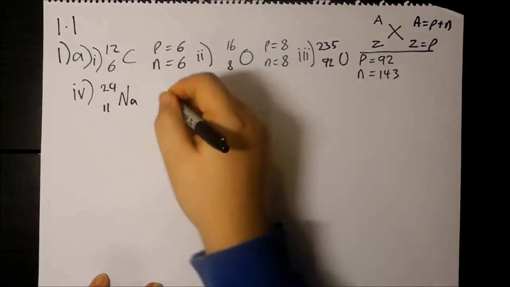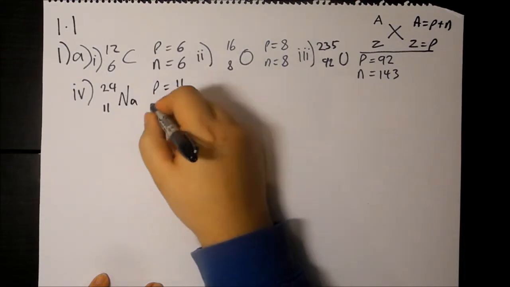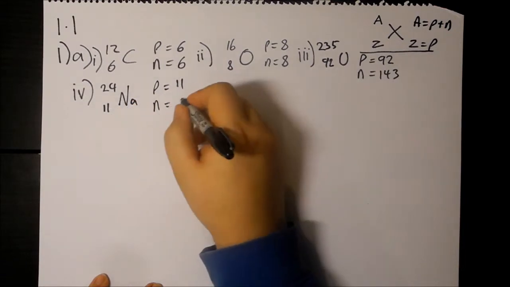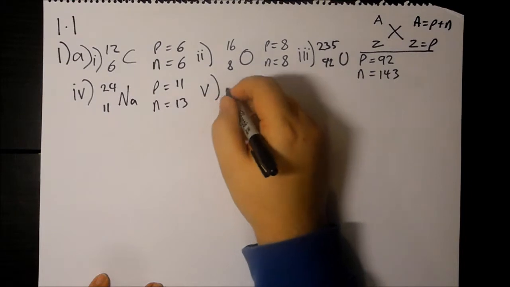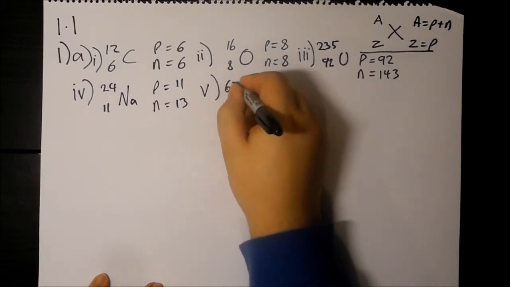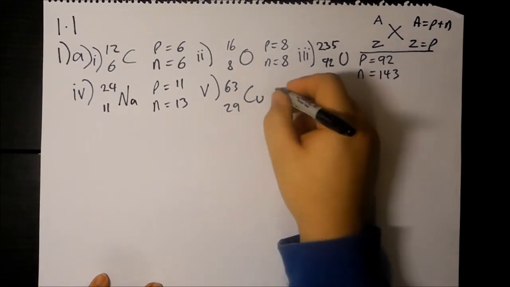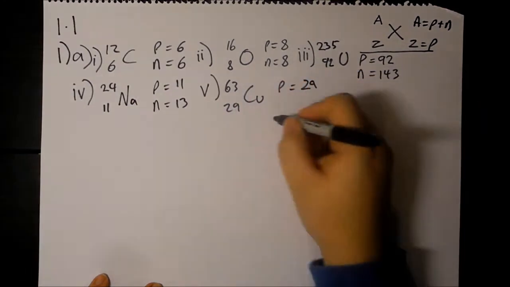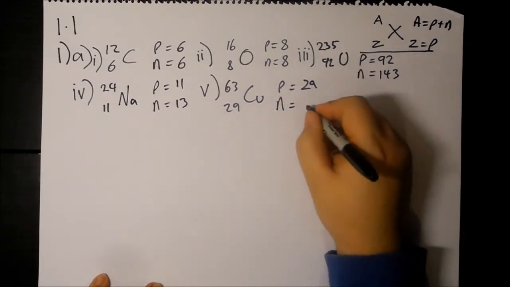Again, very simple. Protons is 11, neutrons will be 24 minus 11, so it's 13, and lastly it's 63 and 29, and that would be 29 protons, and 63 minus 29 would be 34 neutrons.